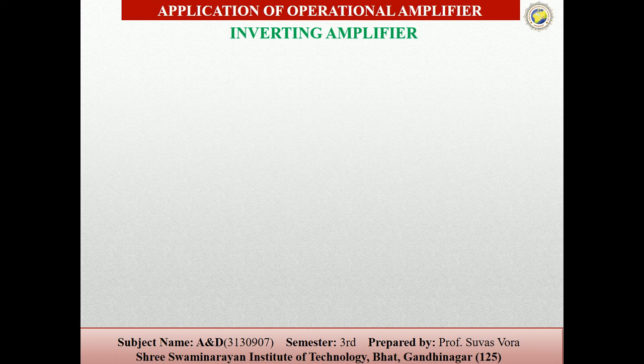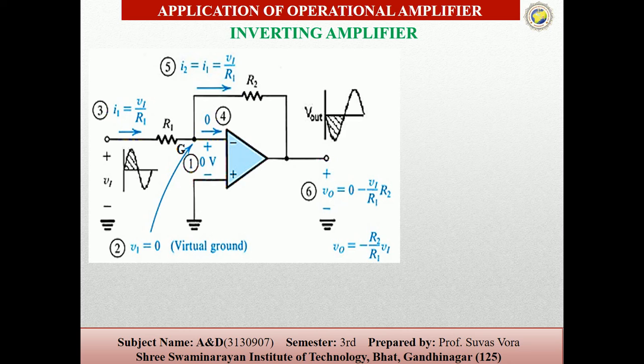The first one is the inverting amplifier. In an inverting amplifier the output is out of phase by 180 degrees with respect to the input. So this inverts the output.